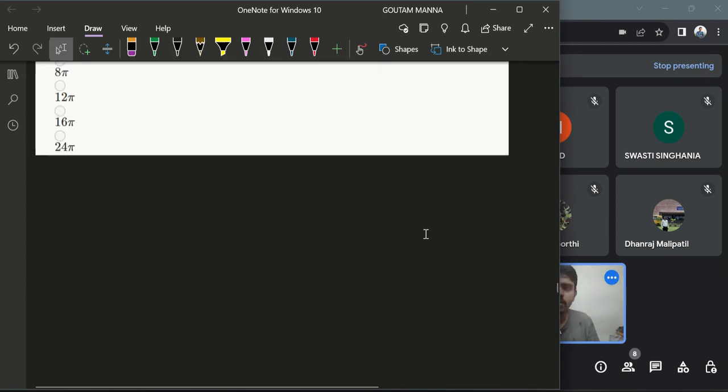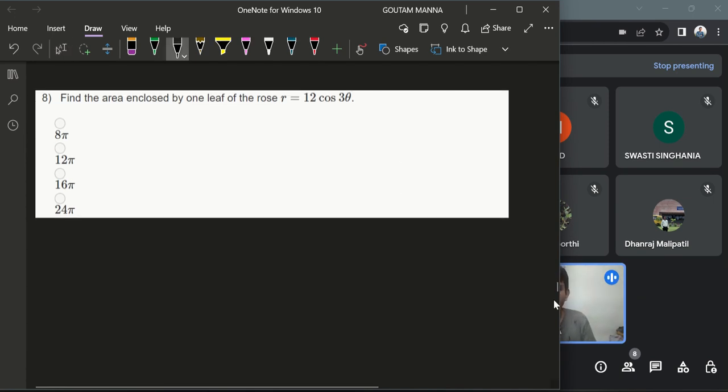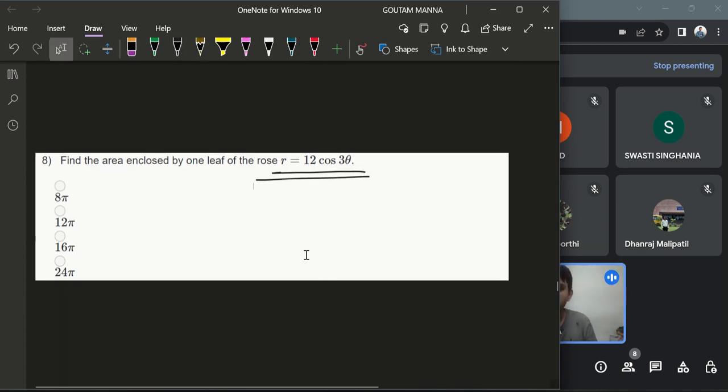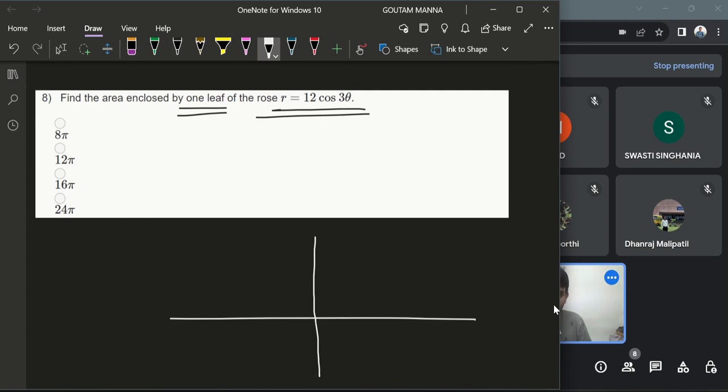Okay. The next problem, we are asked to find out the area enclosed by one leaf of the rose. Let me draw it first.